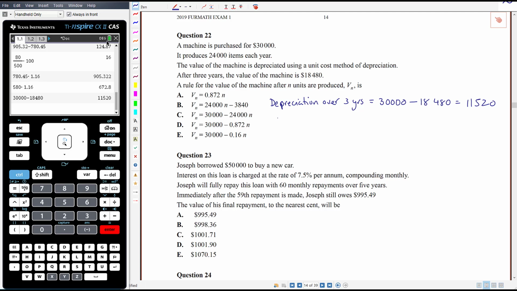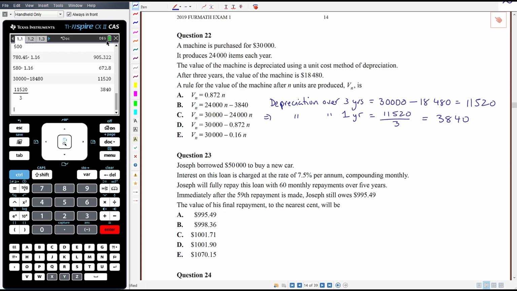So we lost $11,520 over 3 years. And so that means the depreciation over 1 year is going to be 11,520 divided by 3, so that is $3,840. We know in 1 year it produces 24,000 items. So it's $3,840 per 24,000 items.